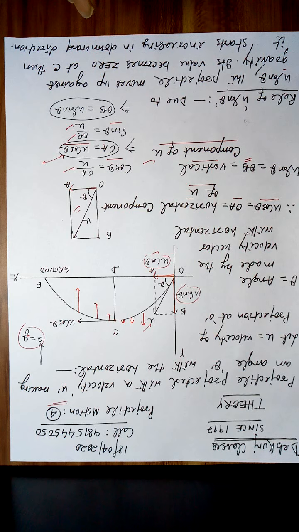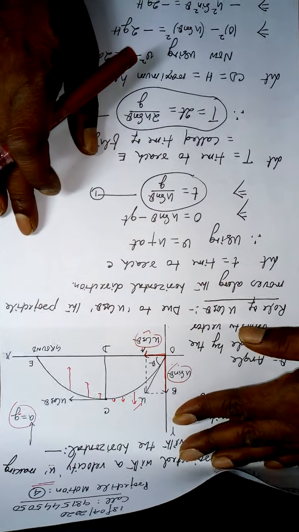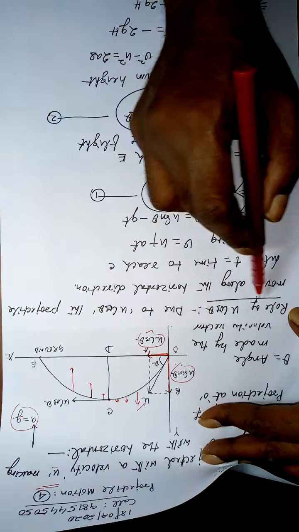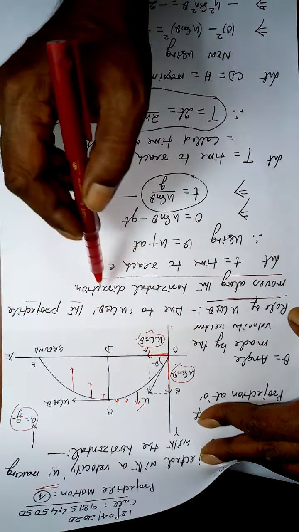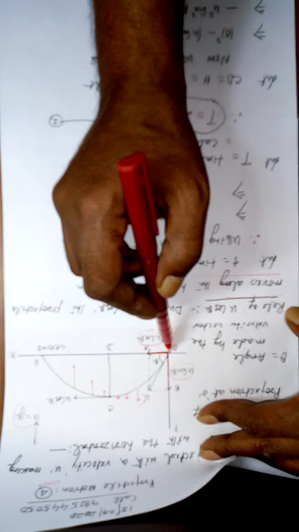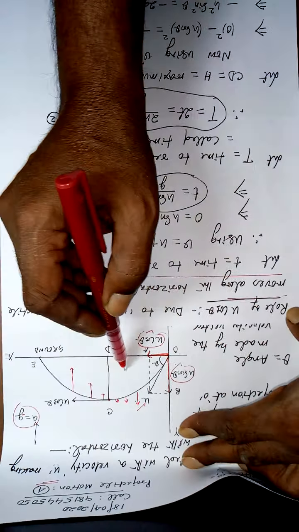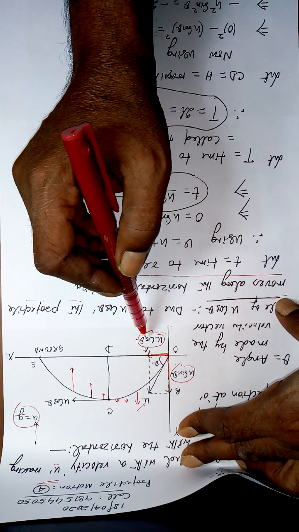Now, what is the role of u cos theta? Due to u cos theta, the projectile moves along the horizontal direction. Due to this, it is moving to this side. But in this direction, there is no air resistance, so this remains constant all throughout.